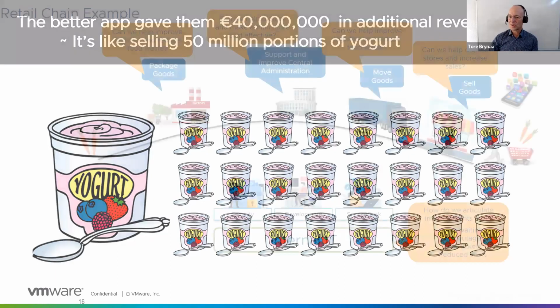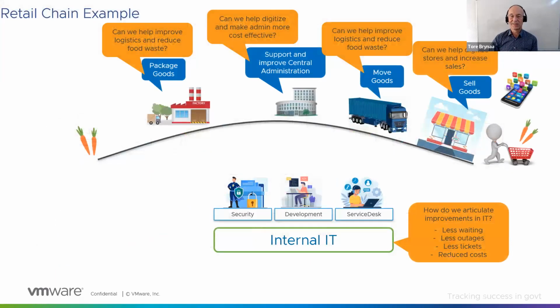There are other areas where we can help improve if we do a good job as developers. Robert talked about tickets, the service desk. You can't live without it, and then it needs to be fast.